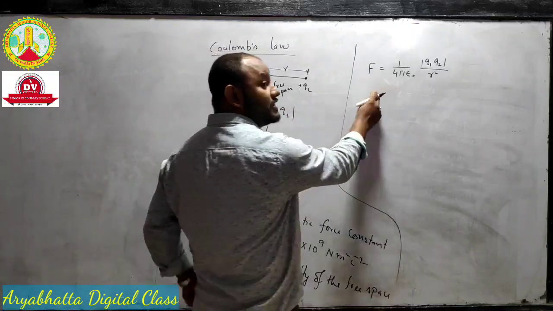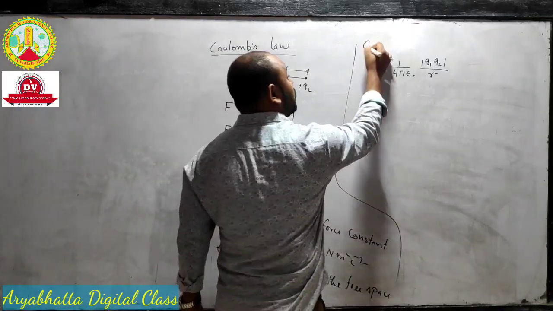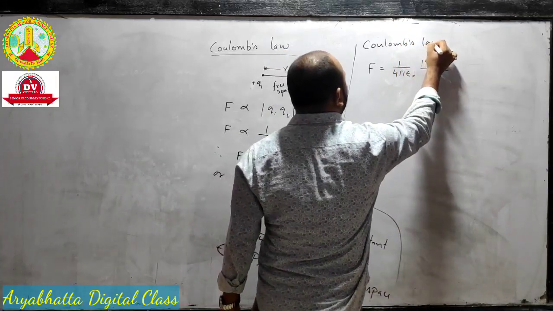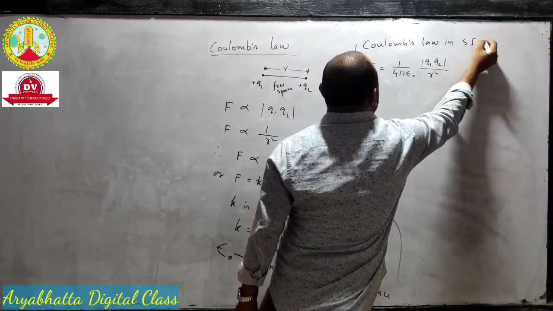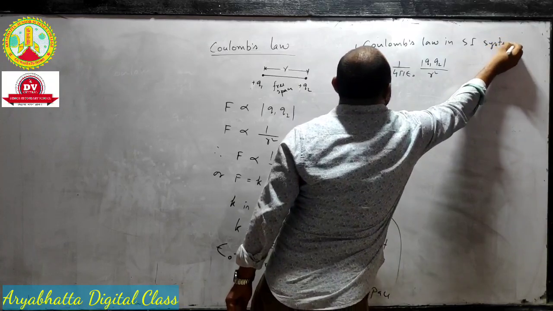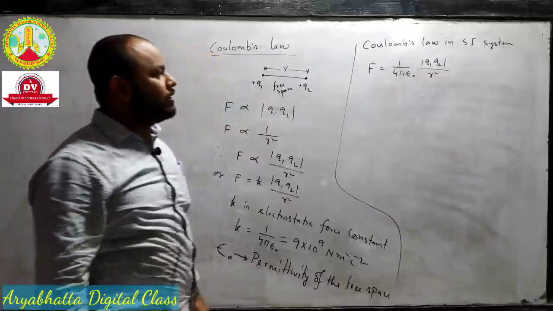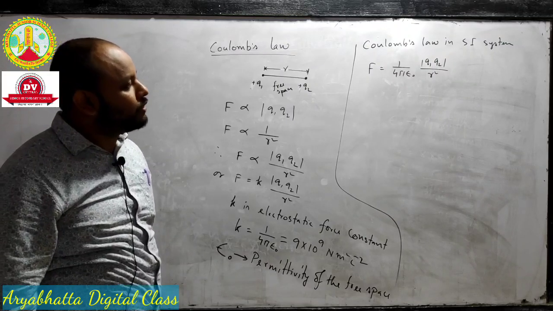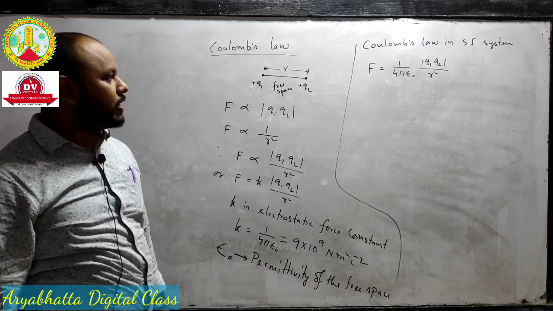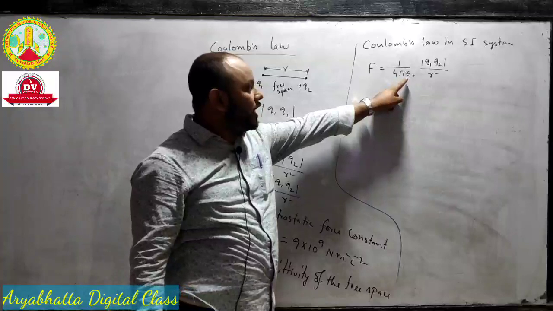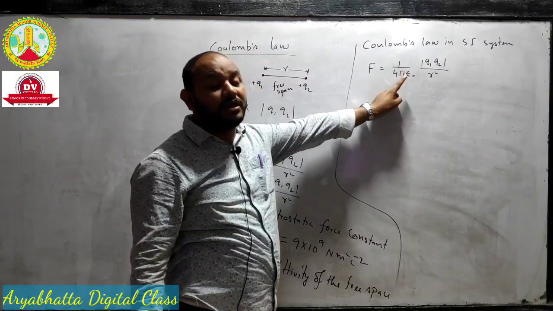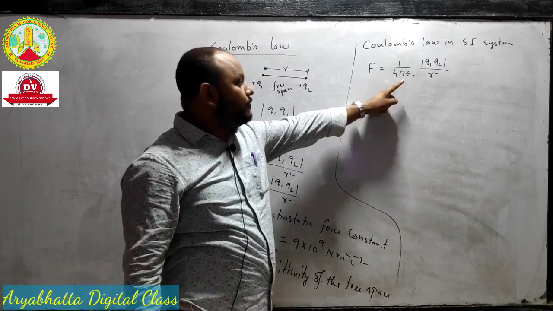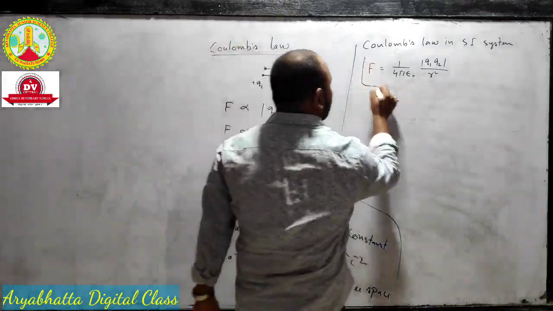Remember, this is Coulomb's law in the SI system, which is equal to 1 by 4 pi epsilon naught, modulus of Q1 Q2 divided by R square. What is this term epsilon naught? This is the permittivity of free space. So this is our Coulomb's law.